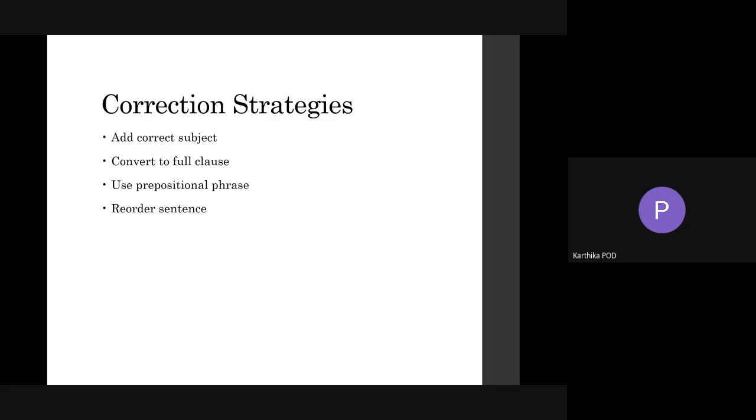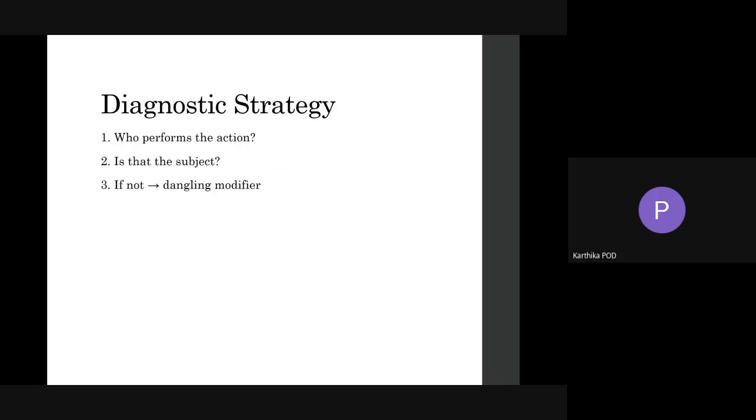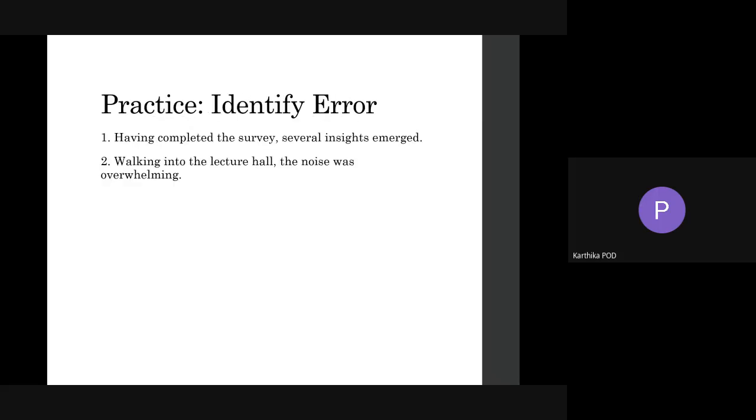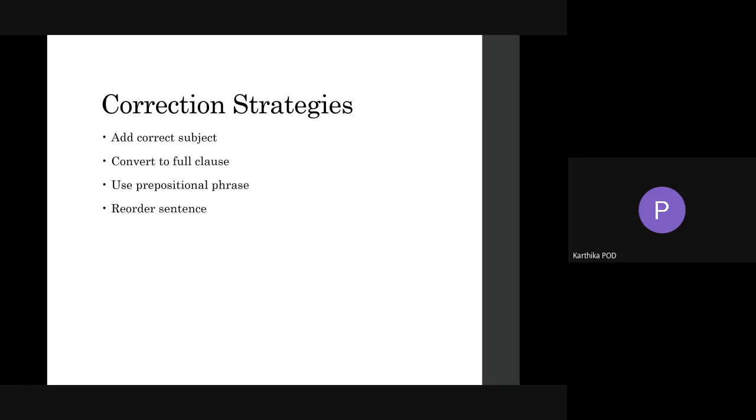For example, there was one sentence. I don't remember, I think it was in the previous slide. And finally, reorder the sentence. Use of prepositional phrase: "he was hit," right? And then you could use "by the car," so that it's a complete sentence, right?